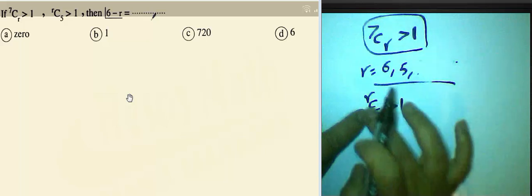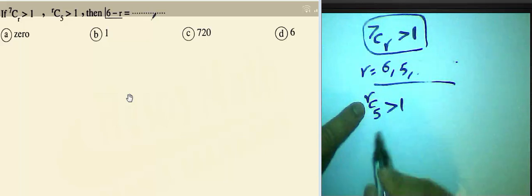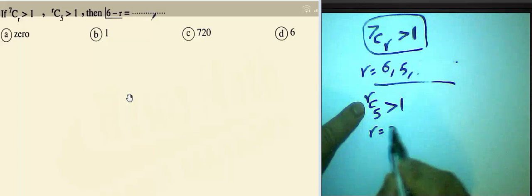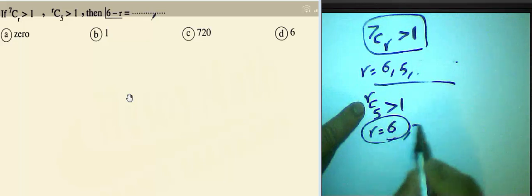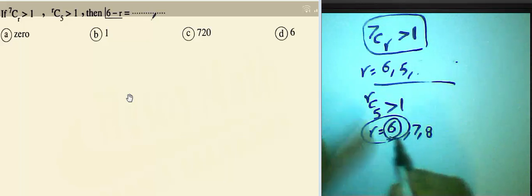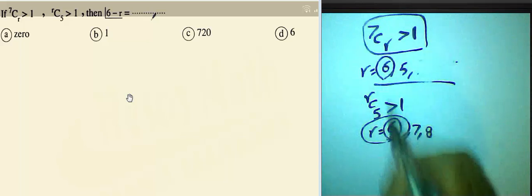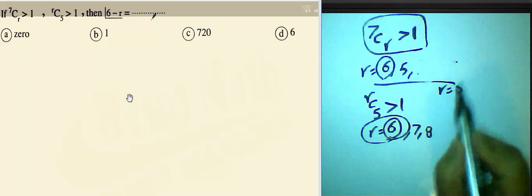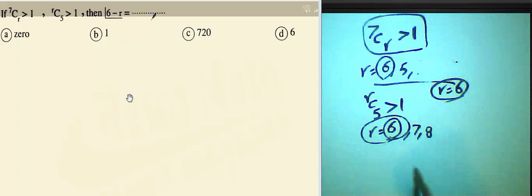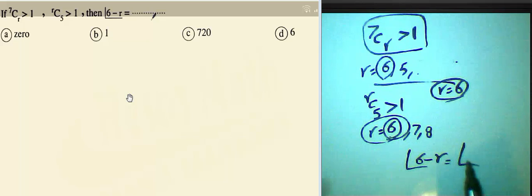If you put 5, r will be 6, 7 and 8, but r will be 6 here and here. It's common between them, so r equals 6. He wants to find factorial of 6 minus r. Here, factorial of 6 minus 6 equals factorial of 0, and factorial 0 equals 1, which was letter B.